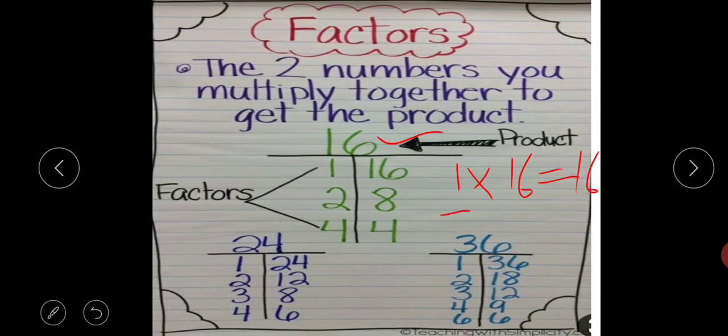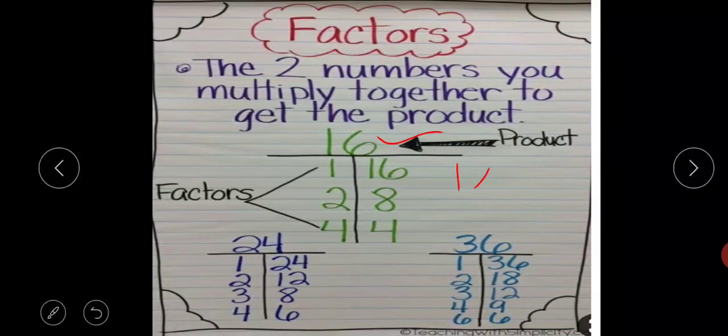So 1 and 16 are factors of 16. Similarly, 2 multiply 8 is equal to 16, so 2 and 8 are also factors of 16. Similarly, 4 multiply 4 is equal to 16, so 4 is also a factor of 16.